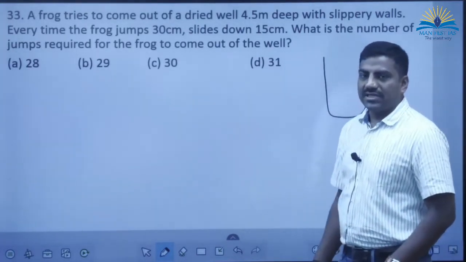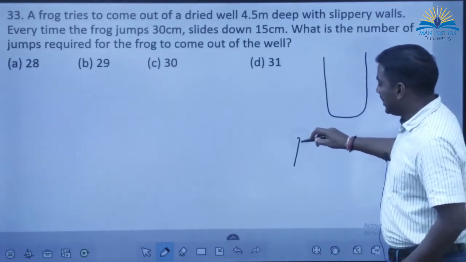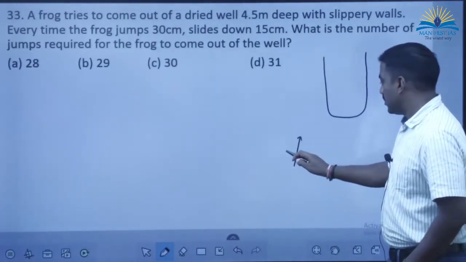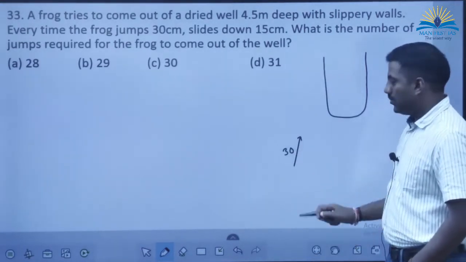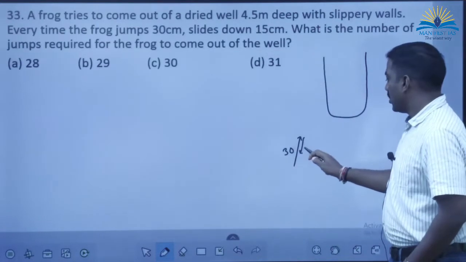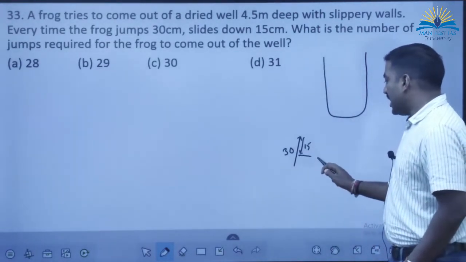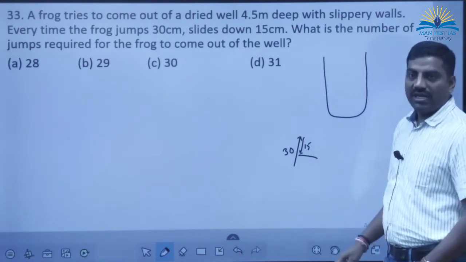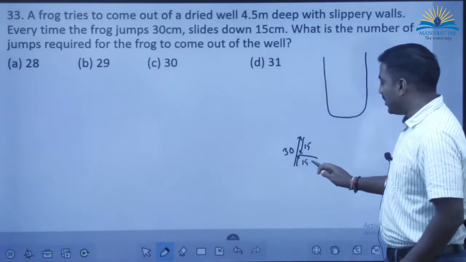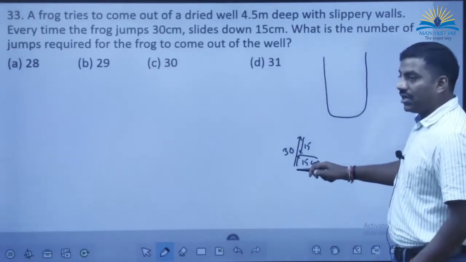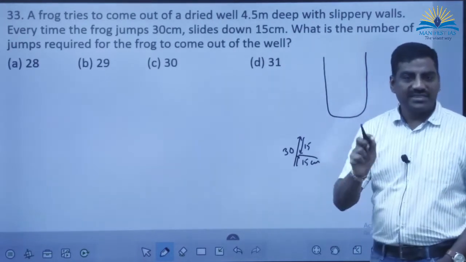Every time the frog jumps 30 centimeter, it slips back or slides down by 15 centimeter. So what is the elevation gain for that? In one jump, how much is it gaining? 15 centimeter. So every time it jumps and slips back, it is gaining 15 centimeter.